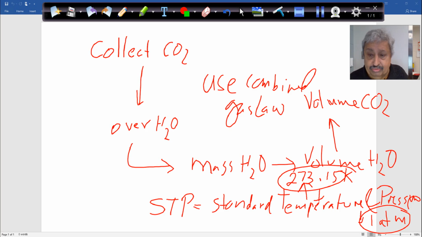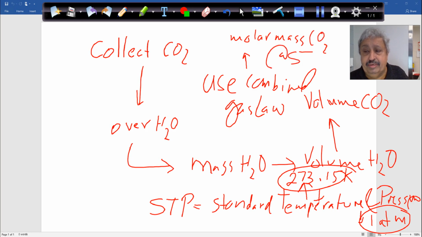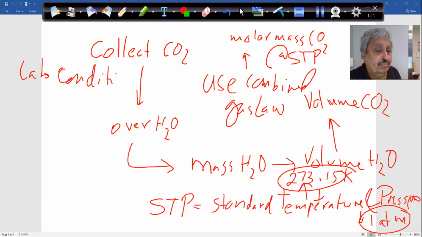We want to get the molar mass of CO2 at STP. Now we measured everything at what? At the lab condition. You will measure the temperature of the lab.